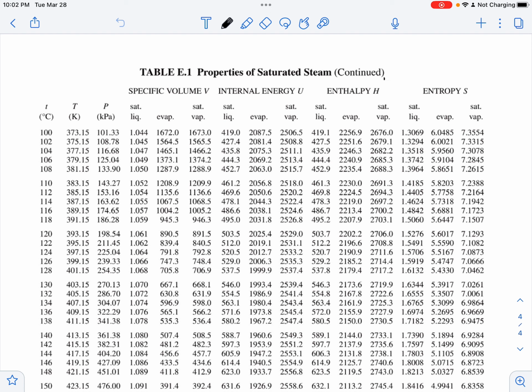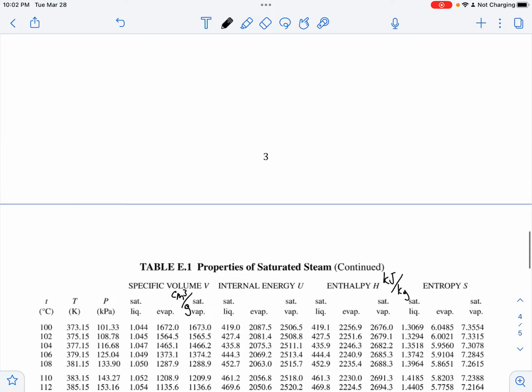But the enthalpy is in kilojoules per kilogram of water, and the specific volume is centimeter cubed per gram. You should expect your professors to tell you the units of data when they give it to you. And pressure is in kilopascal, temperature is in Kelvin. And I think that's all you need for this problem.